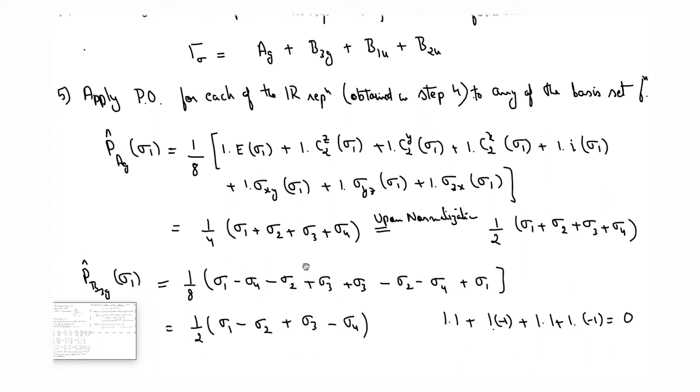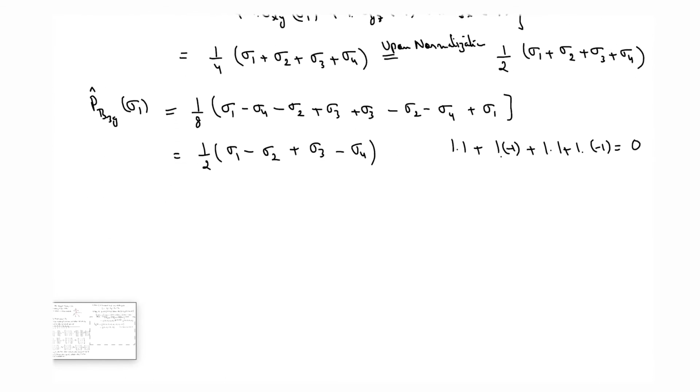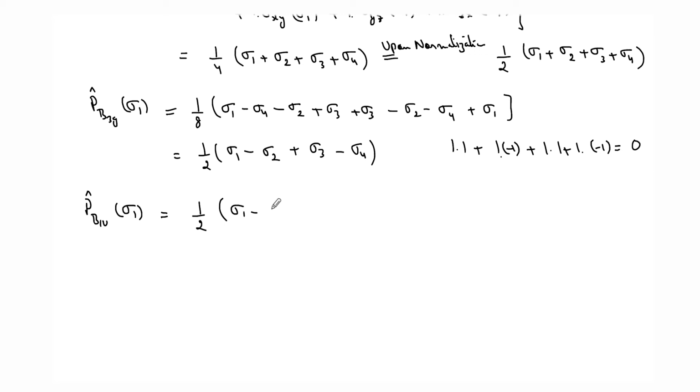Okay, so let us finish this quickly. I'm just going to write the answers, and I expect that you go back and complete this yourself. Okay, so for B1u applied on sigma 1, what you will get is 1 by 2 (sigma 1 minus sigma 2 minus sigma 3 plus sigma 4).